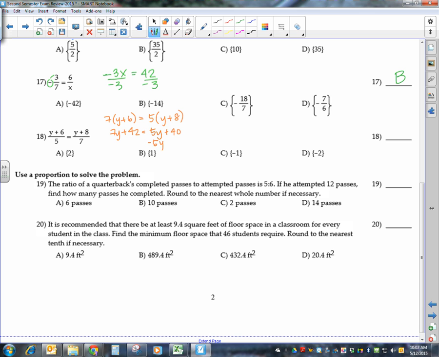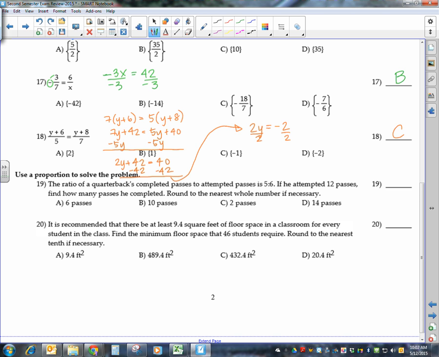I'm going to subtract 5y because I'm going to collect my variables. And when I do that, I have 2y plus 42 equals 40. So now I'm going to collect my numbers. So I'm going to subtract 42 from both sides. And that gives me 2y equals negative 2. Divide by 2, and y equals negative 1. So the answer is C.